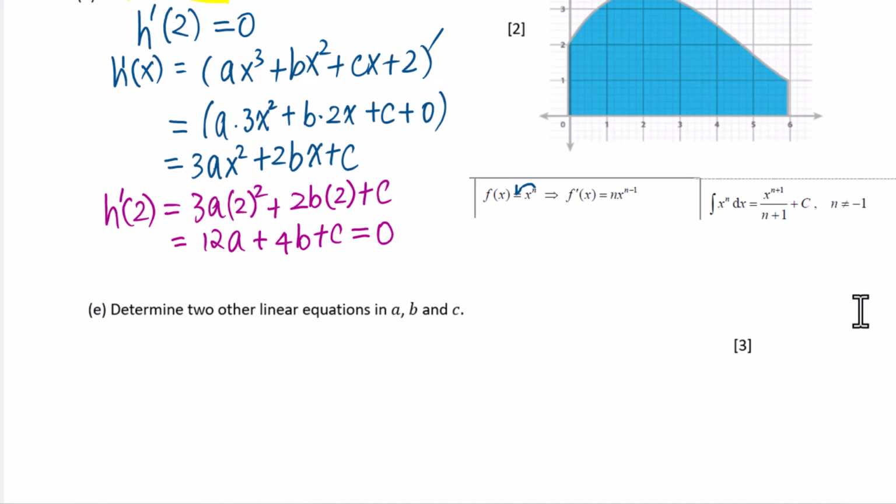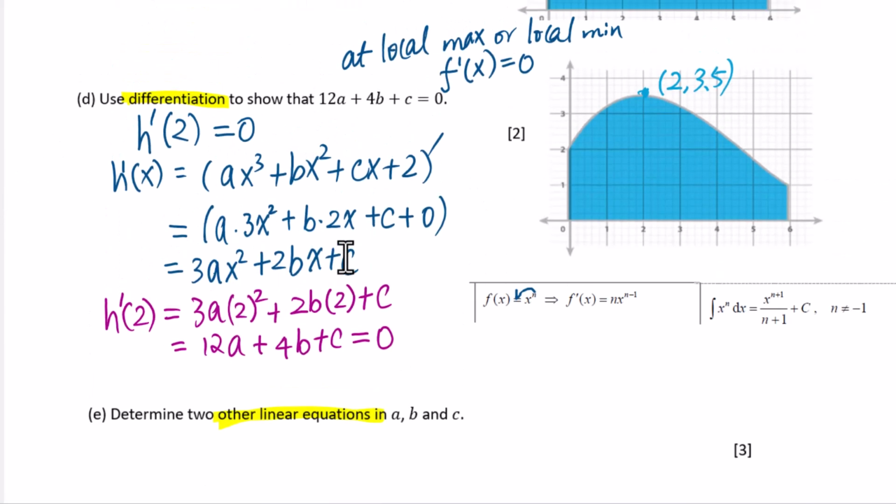Let's go to E. Determine two other linear equations. We will get these two other linear equations by substitution. We already used the point (2, 3.5) for h'(2) = 0.